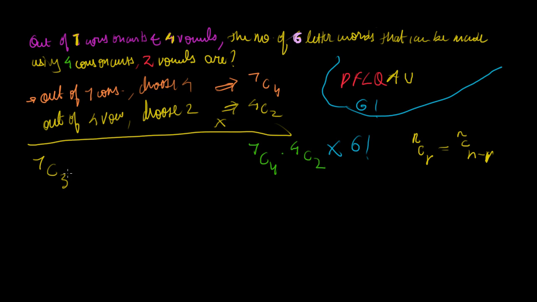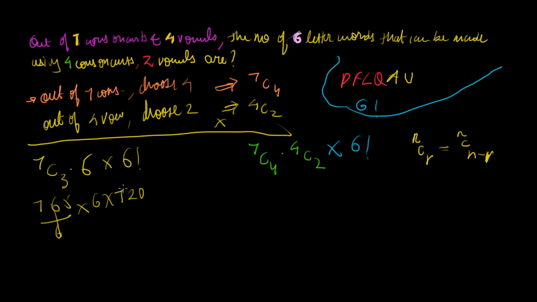7 minus 4, so that is 7C3 equivalent, and 4C2, you could do that in your head, and that is 6, I guess. That is 6, into 6 factorial. And what is 7C3? That is 7 times 6 times 5 over 6, which is 35, times 6, times, what is 6 factorial?